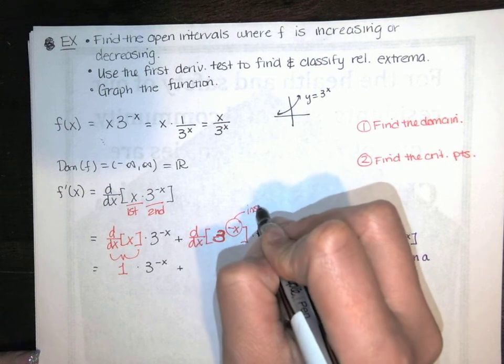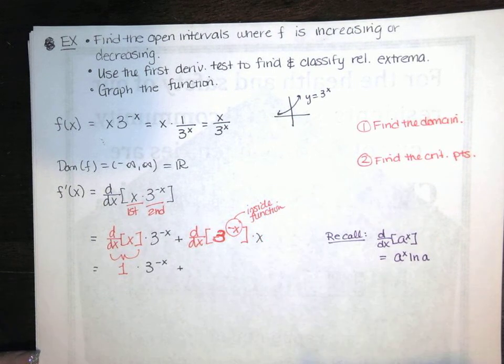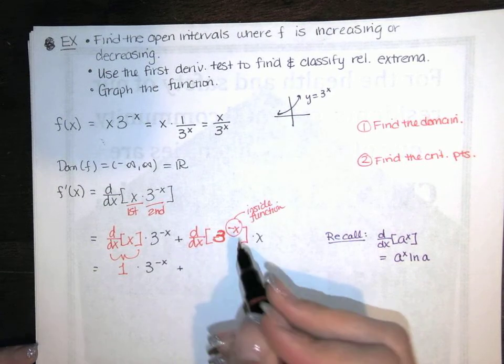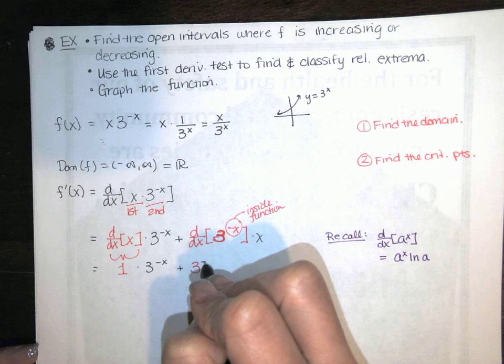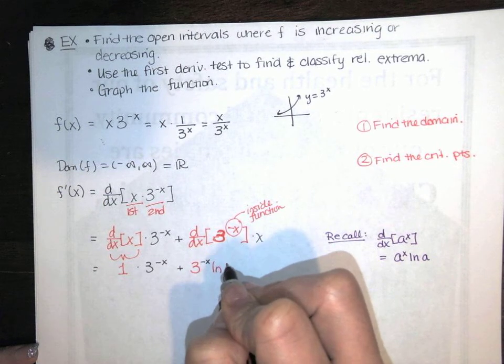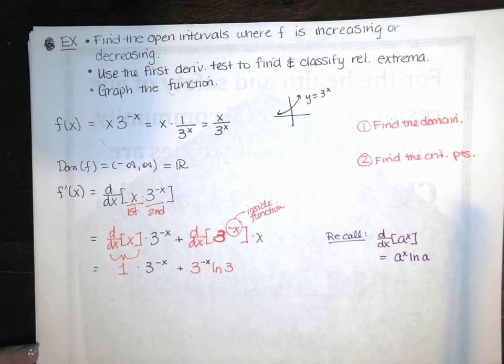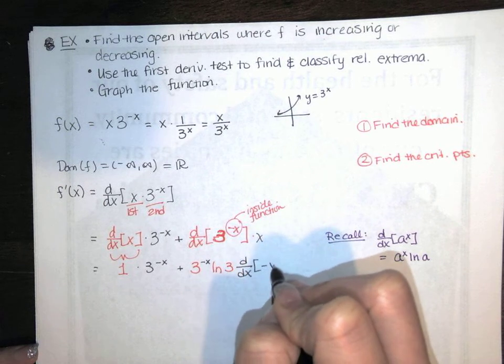So we've got an inside function, we'll have to use the chain rule as well. So according to the chain rule, we have to do the derivative of the outside first. Derivative of 3 to some power is 3 to that power. So you write down the same exponential, multiply by natural log of the base, and then you multiply by the derivative of the inside by the chain rule.